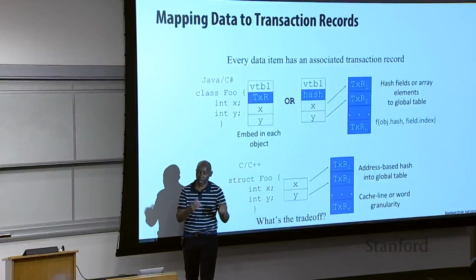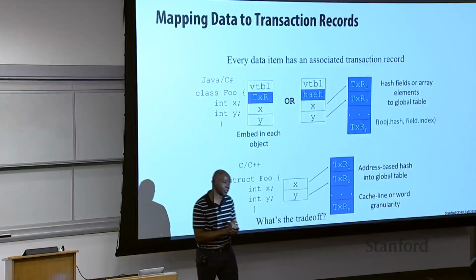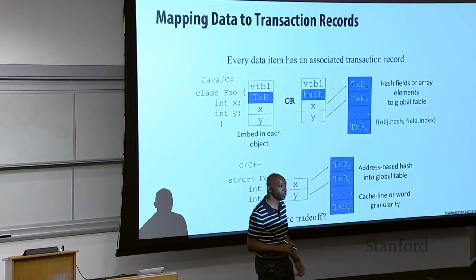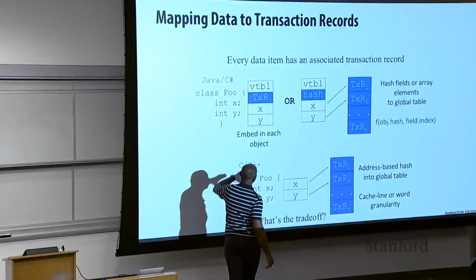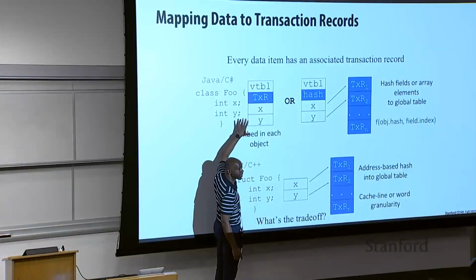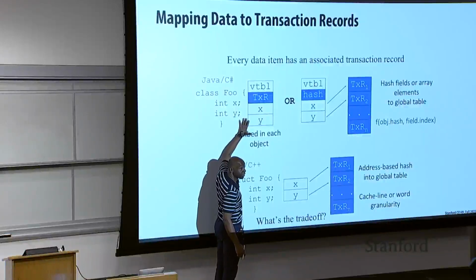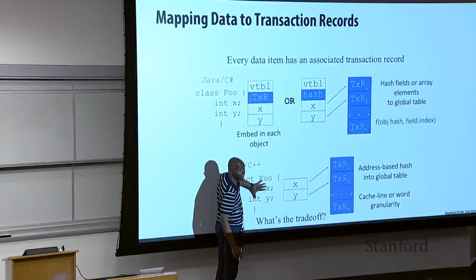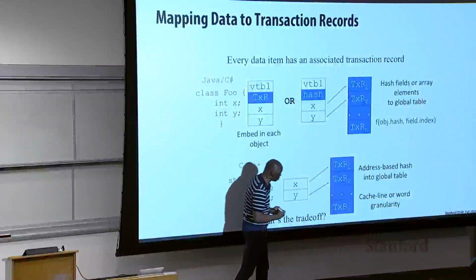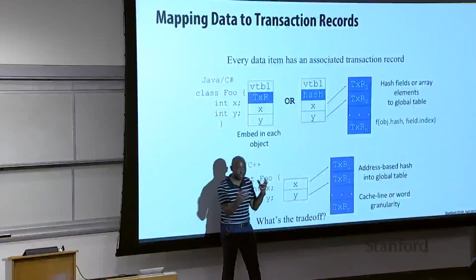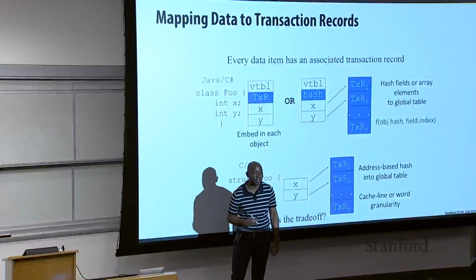And as you're already thinking about this, because you're making the analogy to cache coherence, what is the trade-off that we're going to see between doing things at the object level or doing things at a finer granularity, at the individual field or individual 32-bit or 64-bit data element level?